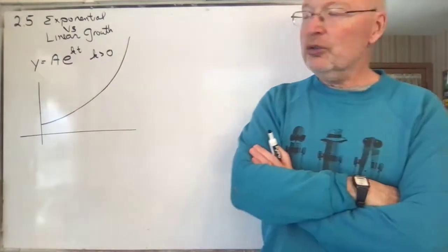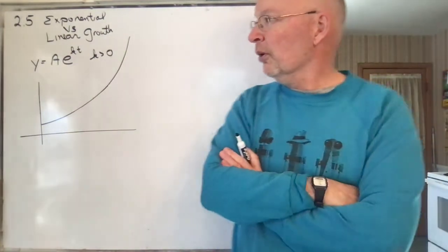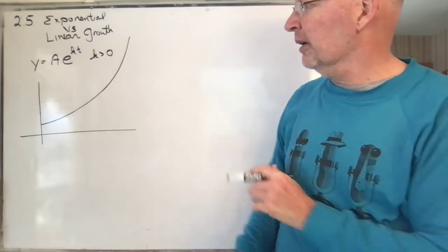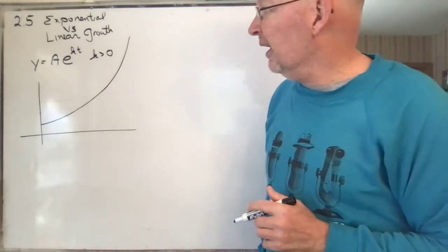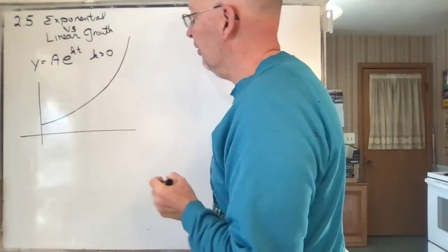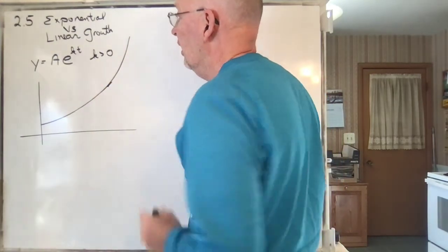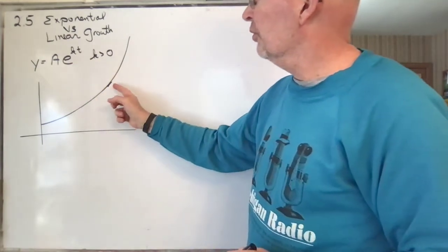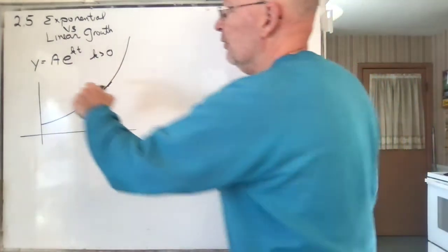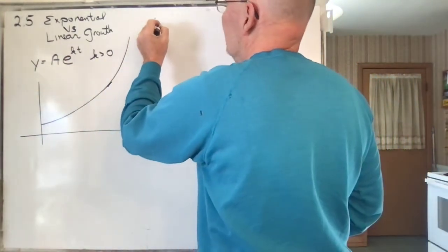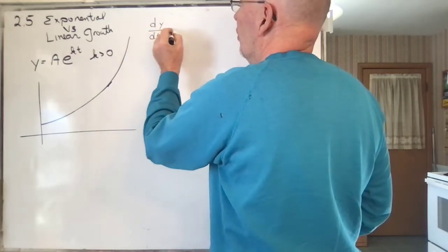And the two things you should realize about exponential growth, one we've talked about already, but I'll mention it again, is that with exponential growth, the rate of increase, which is the slope of the function, is proportional to the height of the function, right? If you take the derivative of this thing, dy/dt, what are you going to get?